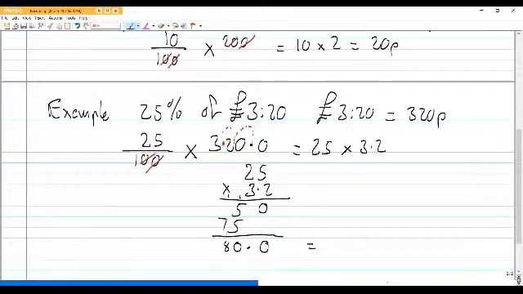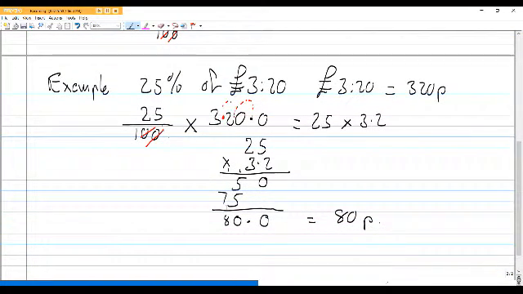And then it equals 80p. So 25% of £3.20 is 80p. And really, again, if you think about it, 25 of 100 is a quarter, and a quarter of £3.20 is 80p, or a quarter of 320 is 80p. Okay, so I'll just do one more example then.